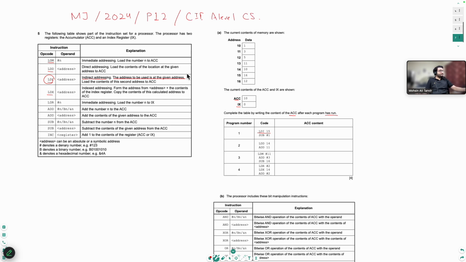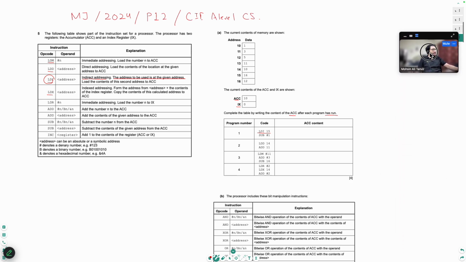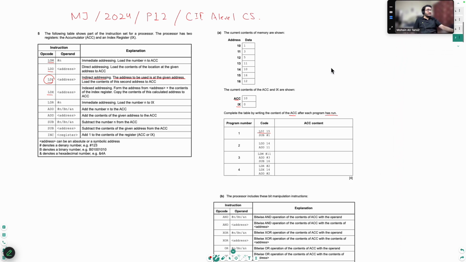For instance, LDI 15: 15 is not the address, 15 contains something that has the address. So I'll go to 15, and the address to be used is at the given address, so 16 is the address, so I'll go to 16.